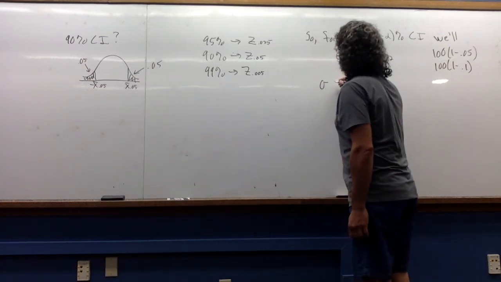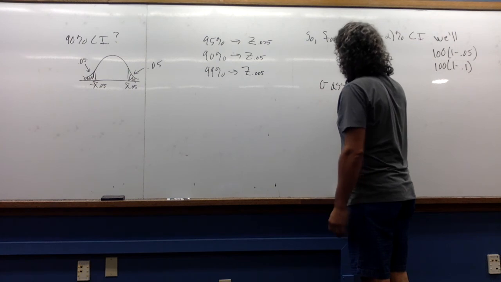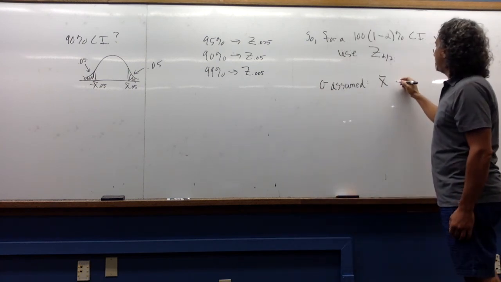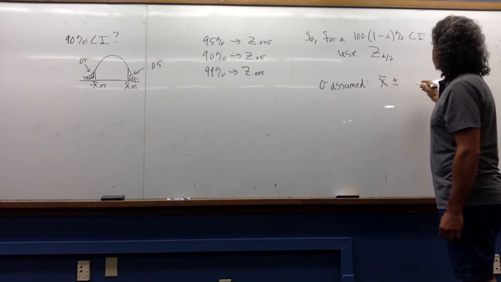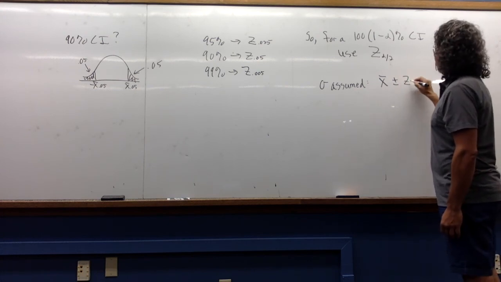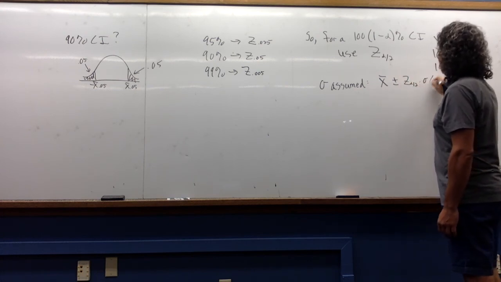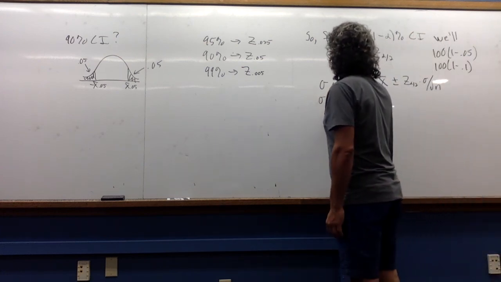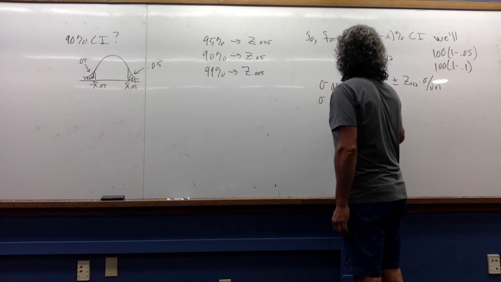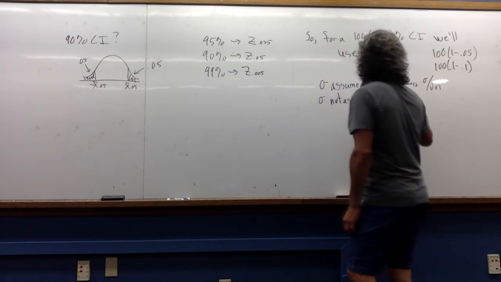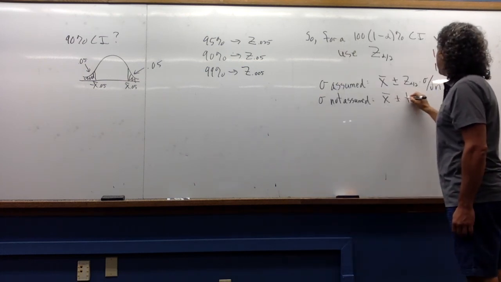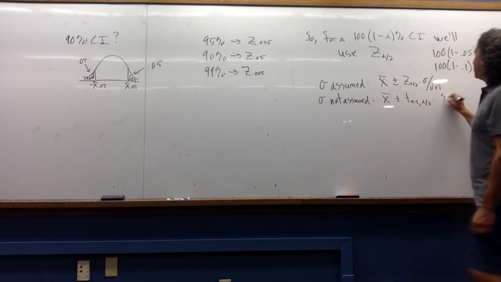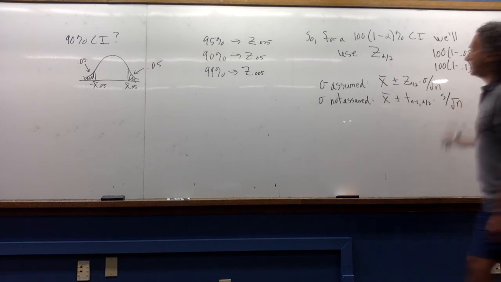So if sigma is assumed, again, assumed or known in quotes, we'll have x bar plus or minus z sub alpha over 2 times sigma over root n. If sigma is not assumed, we'll have x bar plus or minus t sub n minus 1 comma alpha over 2 times s over root n.